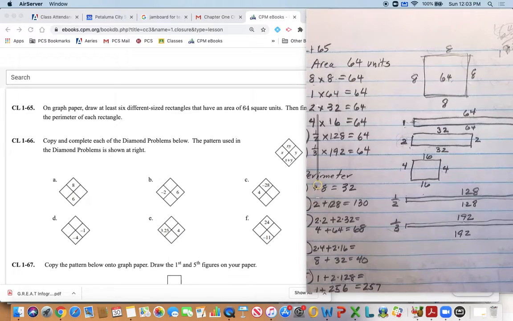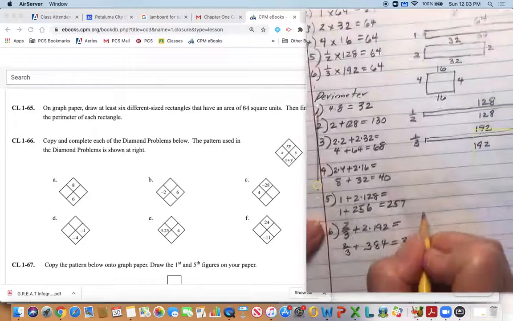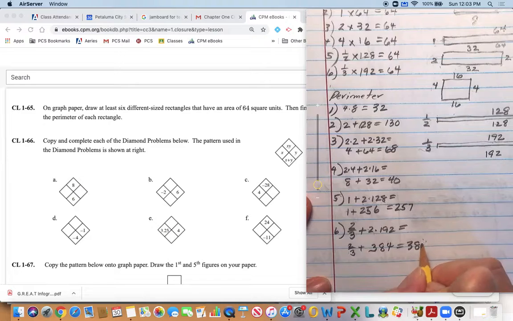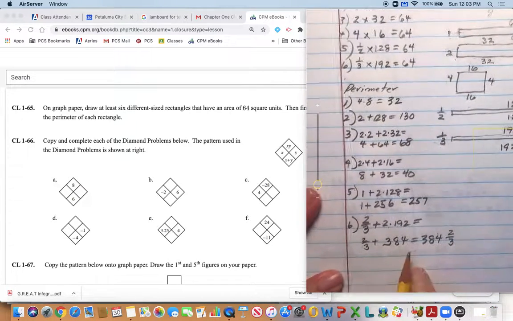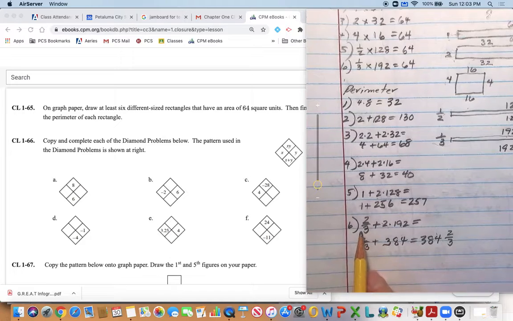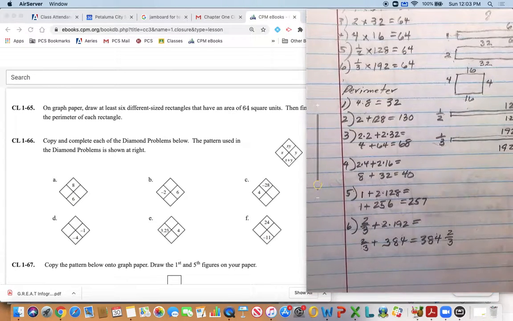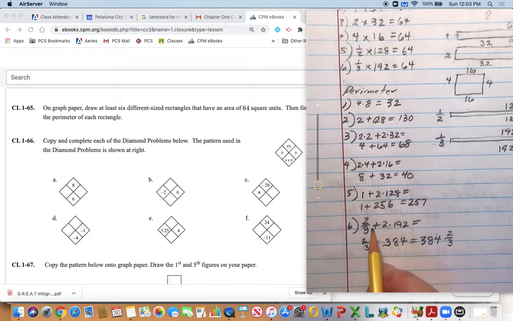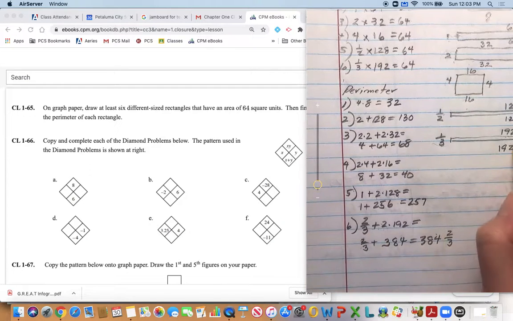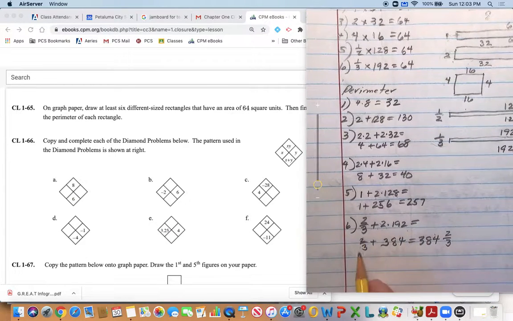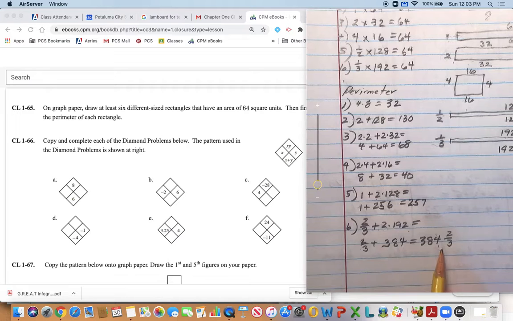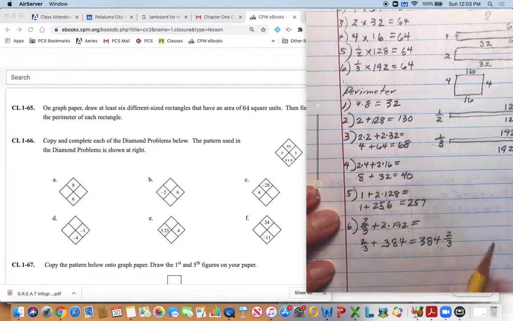So that's 384 and 2/3. So we've got the 1/3 there, the 1/3 there, so that's 2/3, plus 2 times, we've got one side 192, the other side 192. And so we do the math, and it adds up to that. So that's our perimeter for our sixth one.